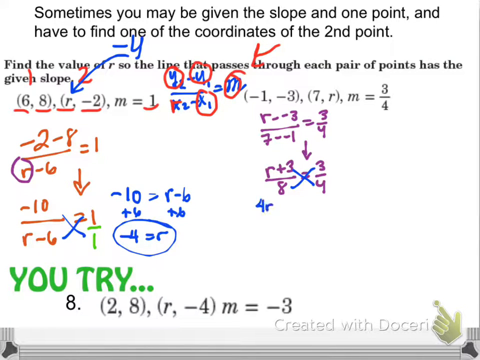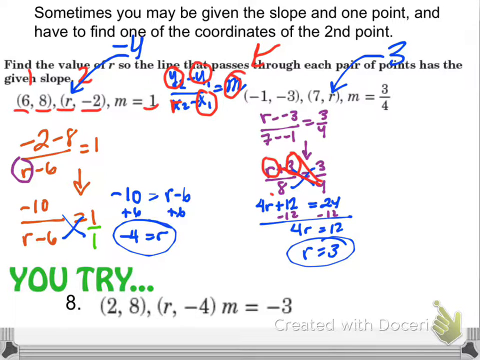Now cross multiplying, when I do that, don't forget to distribute this 4 to the 3 and the r. That's why I have the 4r over 12 plus 12. It's because I distribute the 4 to both of those. Don't forget that. Then I solve, and I get r equals 3. 3 completes that problem.